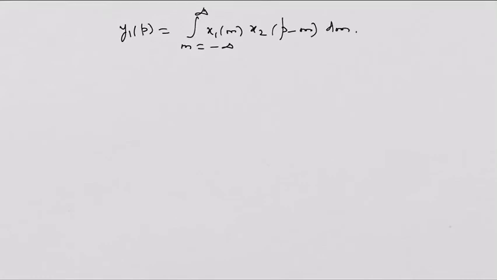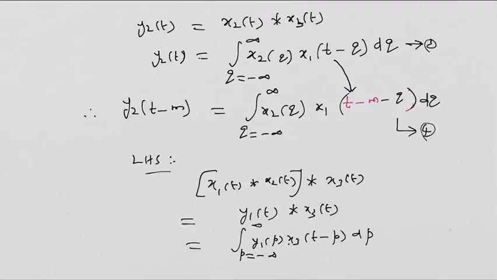Okay, right. So what is y1 of p? Y1 of p is already mentioned. Y1 of p is equal to the integral with m varying from minus infinity to plus infinity, x1 of m into x2 of p minus m dm, isn't it? So if you substitute into the previous equation, this y1 of p alone is replaced.